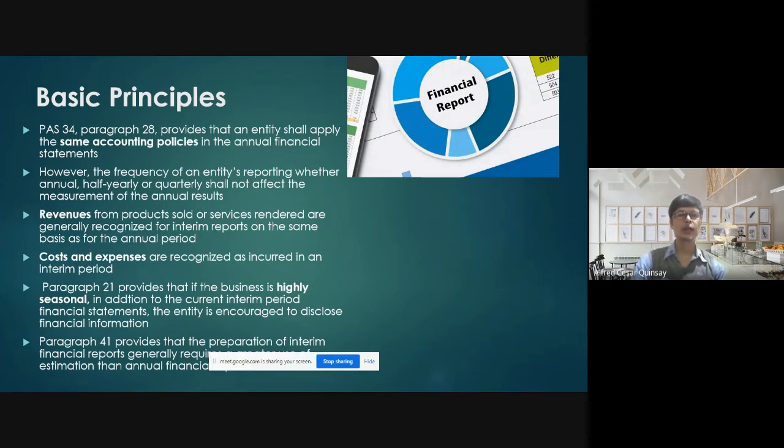And then finally, paragraph 41 provides the preparation of interim financial reports generally requires a greater use of estimation than annual financial report. Now, since this interim financial reporting, no, is done on a short basis, yung mga short term lang.